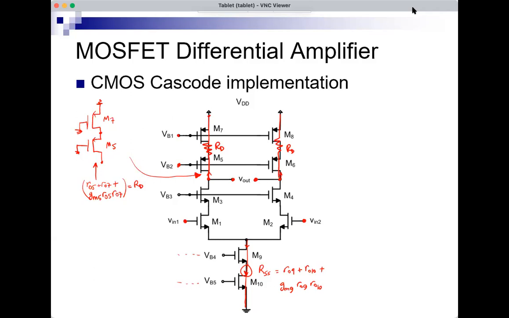So now if I consider the half circuit for differential inputs, when this is VID over 2 and this is minus VID over 2, this will be signal ground when the two inputs are differential. So how does the half circuit look like? Differential inputs, half circuit would be something like this.